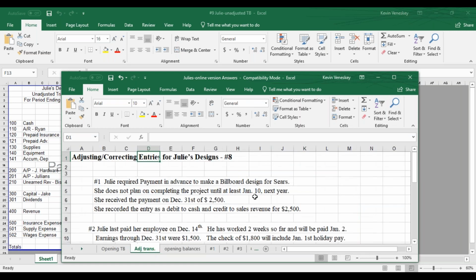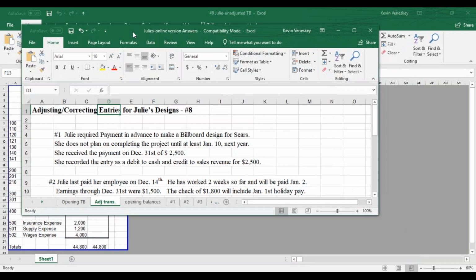Okay, so at this point, you should have the video paused if you do not have all of your T accounts up to date before we start in on number 1. All right, number 1 and number 8 are the 2 correcting entries for this example. Everything else in the middle are adjusting entries, and I'm going to expect that you can begin to do those on your own using your notes from the boats example.